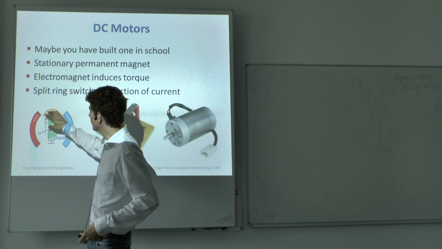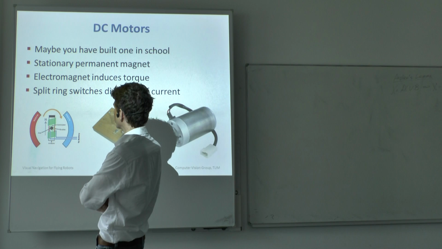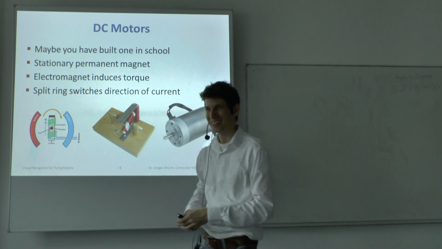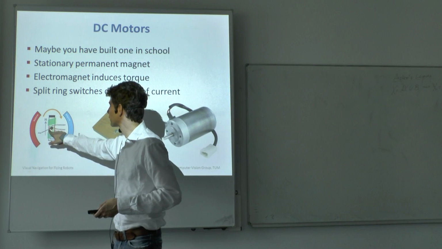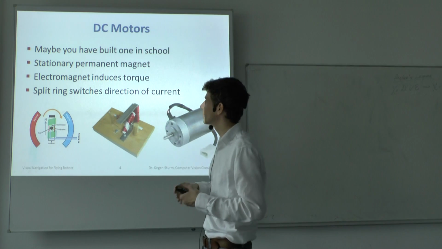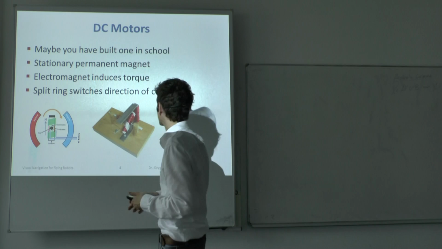Imagine you start... Oh no, actually that's not true. It will always turn in the right direction. Sorry, forget about that. DC motors always turn in the right direction, because this switch in the middle will make sure that it will always move. When it's down here, it will move here and in the other direction.